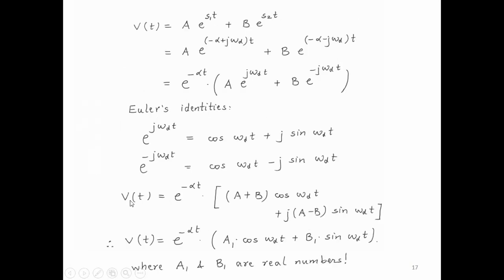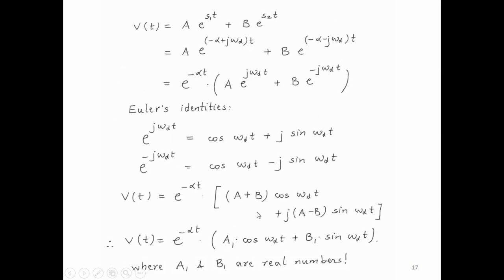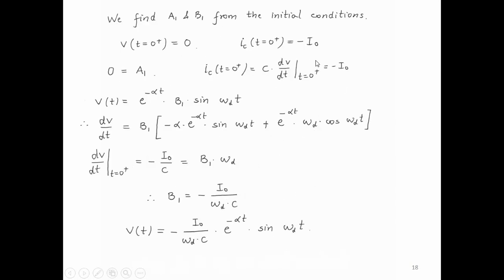So if you put t equal to 0, V is 0, so we'll get 0 equal to, this is 1, cos 0 is 1, so we'll get A1, and plus sin 0 is 0, so nothing. So we'll get A1 on the right side, 0 on the left side. So we get A1 equal to 0, it goes away, and then we have to find B1 from this condition.